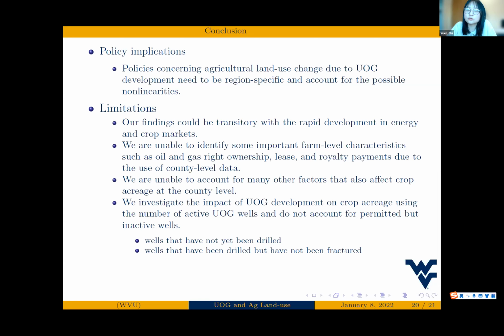Second, due to the use of county-level data, we are unable to identify some important farm-level characteristics such as oil and gas right ownership, lease, and royalty payments. Third, although we include various control variables in the analysis, we are unable to account for many other factors that also affect crop acreage at the county level.